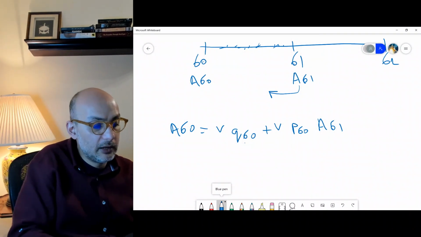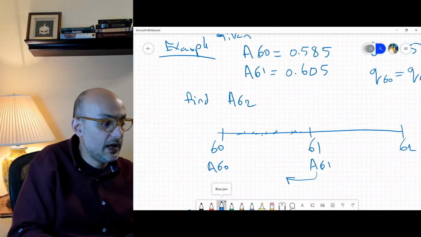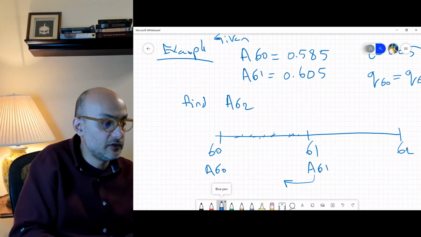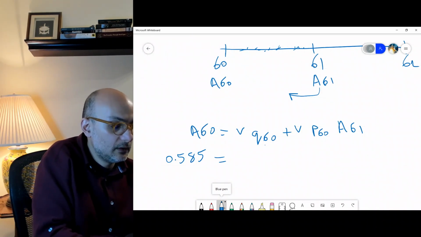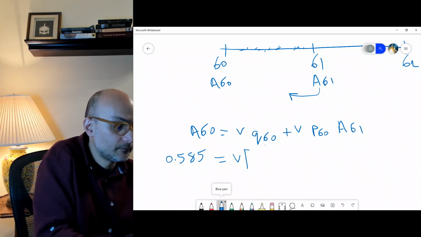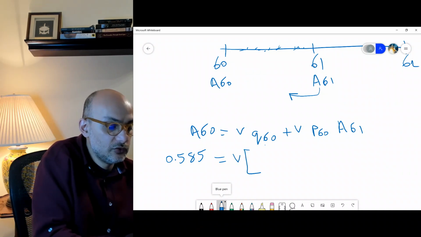Let's put in what we have. What we have is a60, 0.585. Let's factor out the v. What we have is q60. We don't know what it is. And we take out the v.